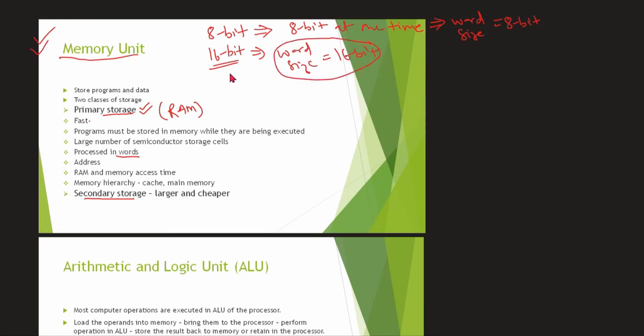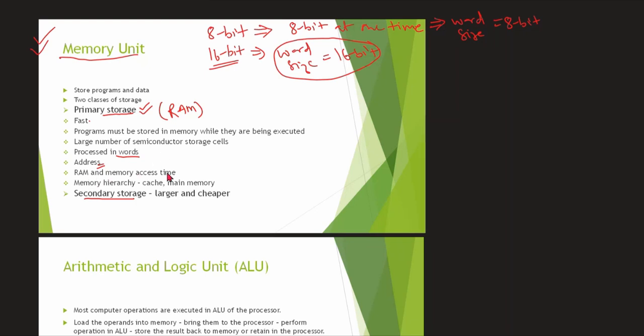Similarly, we have 32-bit or 64-bit processors. It means the processor can process 64 bits at one time, and the word size will be 64-bit. So with respect to the processors, the data is processed in terms of words. Addresses: there are two different methods to explain how addresses are defined in memories, which we will look at later on.